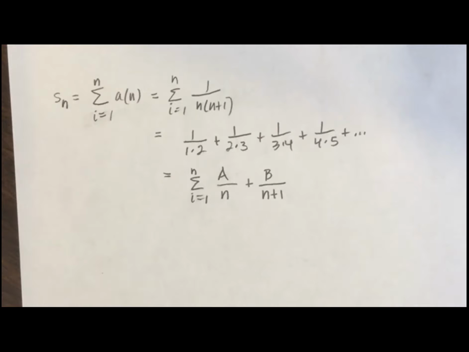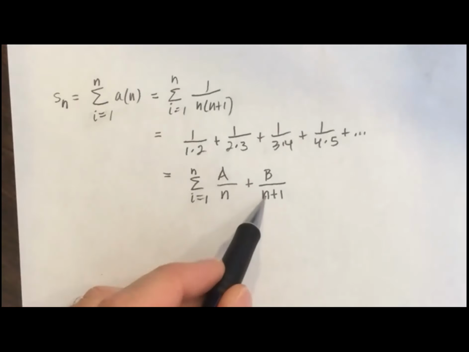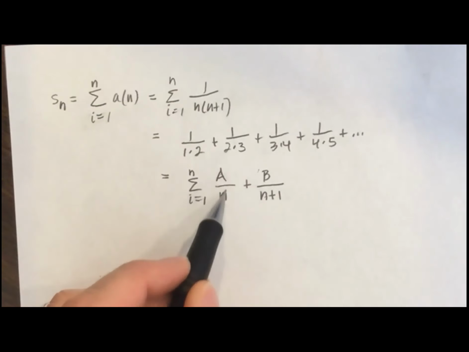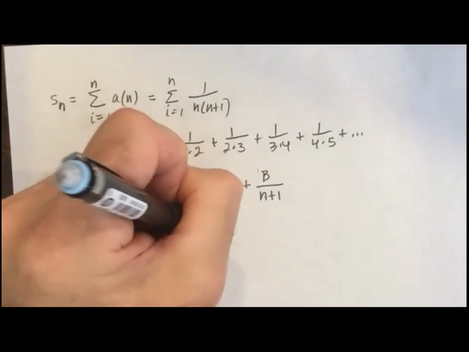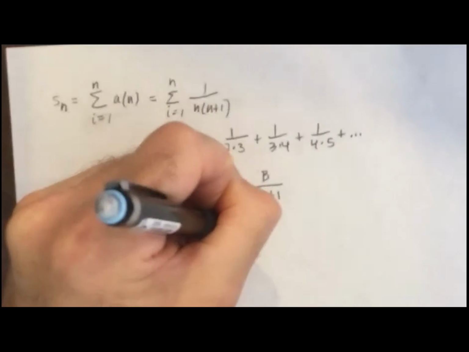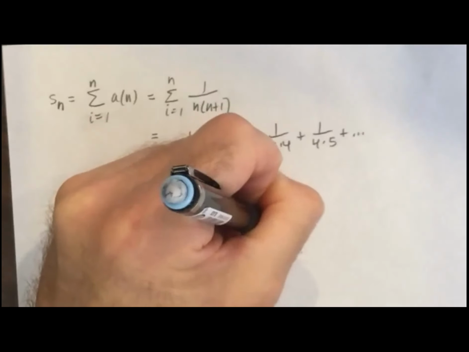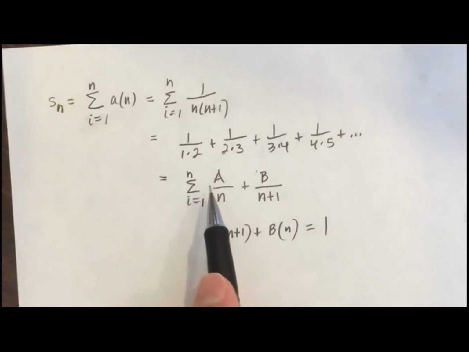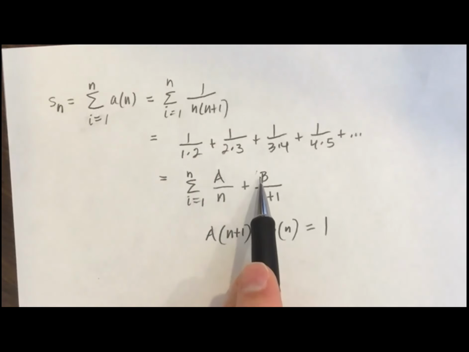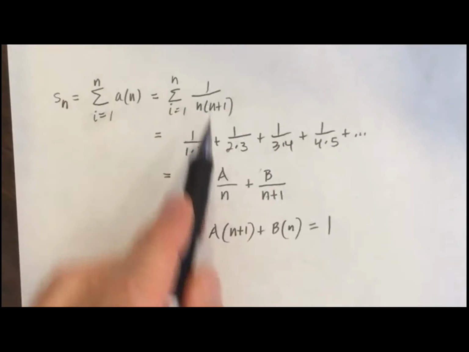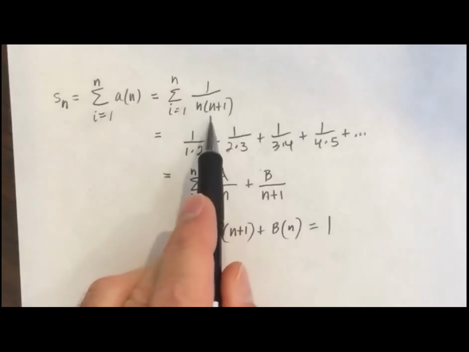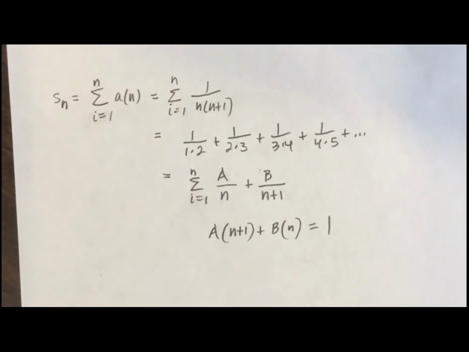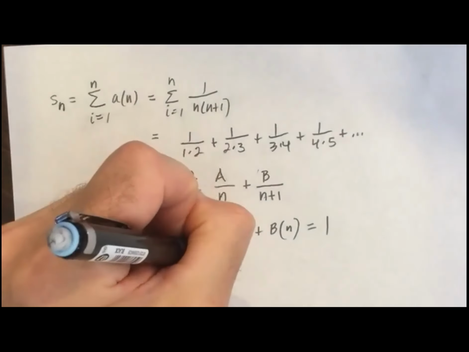Do you remember? You got to go this times this, this times this. That's the common denominator. So I get A times the n plus 1 plus B times the n would have to be the numerator. So this times this times this has to be the 1. And this times this is the denominator. The denominators are the same. Okay, so what's that?